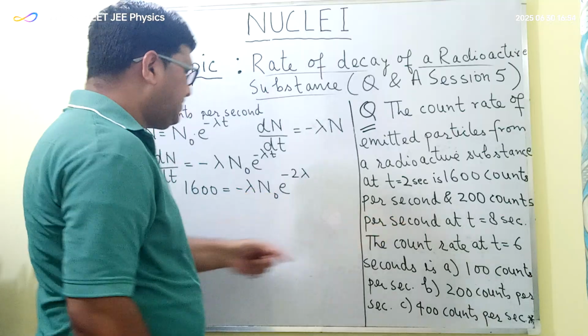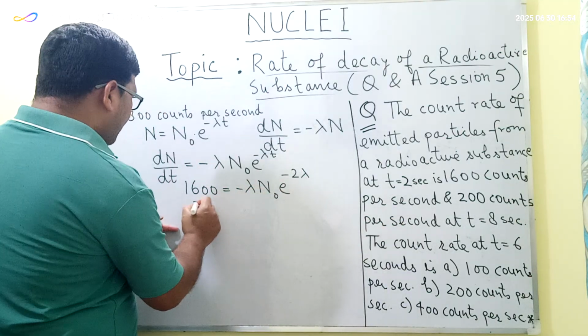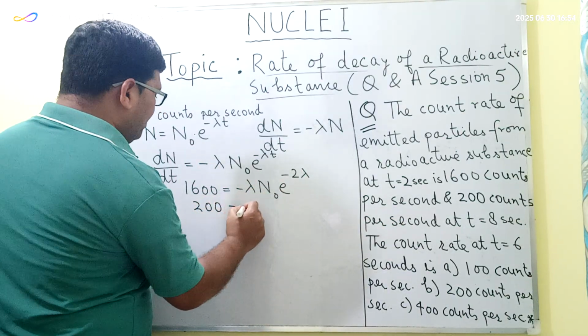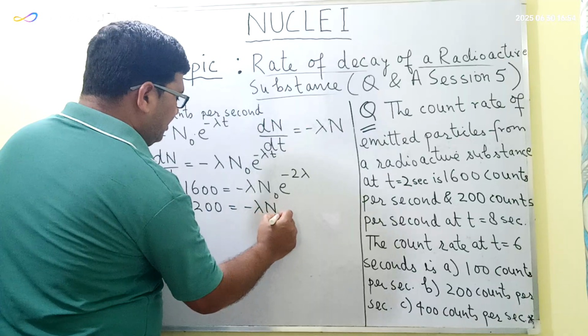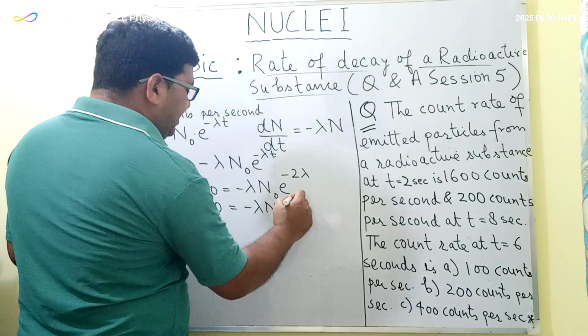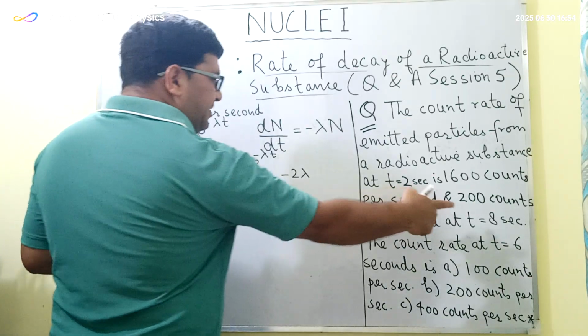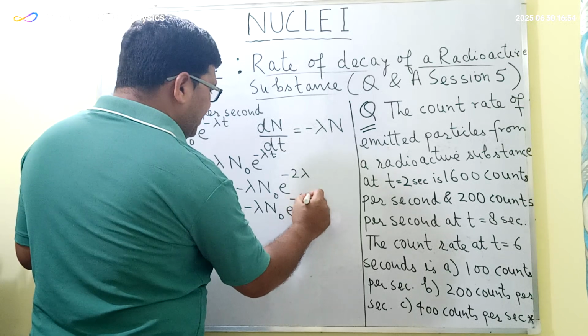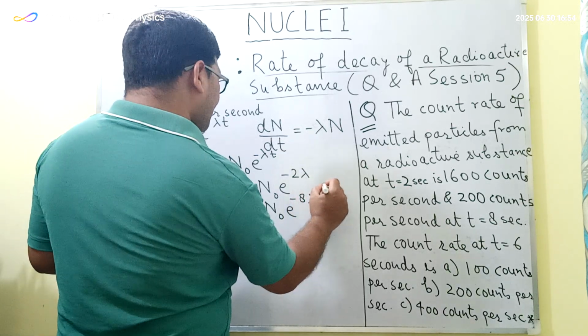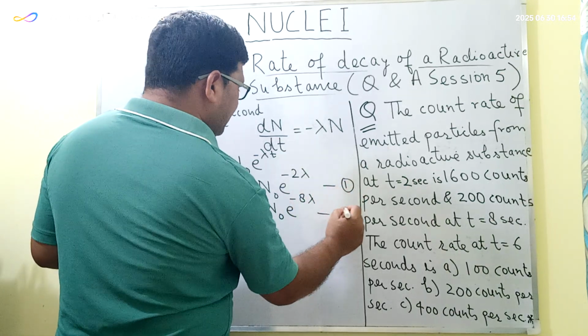From the second case, I get 200 is equal to minus lambda N naught multiplied by e to the power minus 8 lambda, since t is equal to 8 seconds. This is the first equation and this is the second equation.